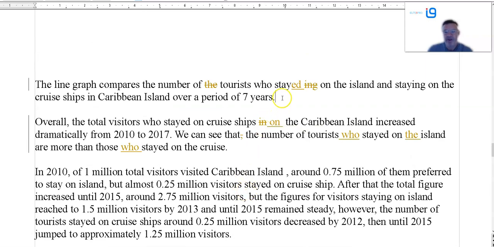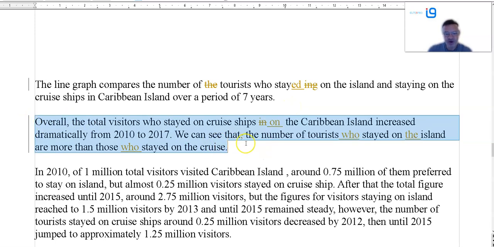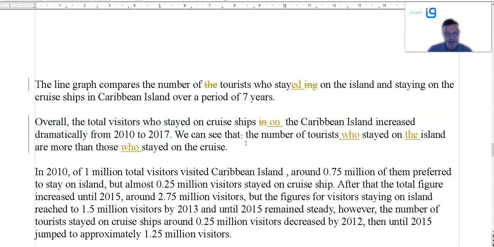So, okay, this is probably the better out of the 4, but it still needs a little bit of work. The intro needs a little bit more detail, and we need to have the key trends and features, especially. In general, overall, visitors went up by quite a fair way, including island and ship. But there was a contrast between the two, like I said in my example.